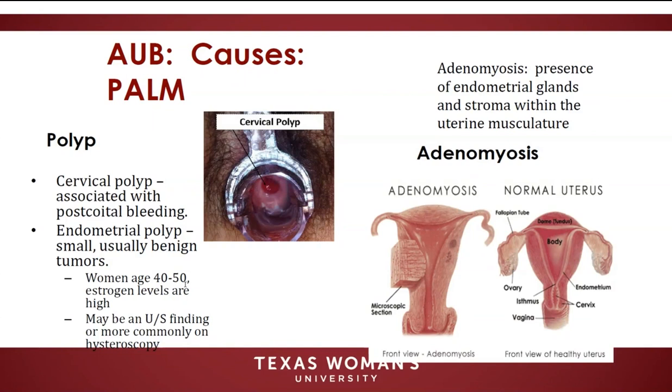Okay, then on the right is adenomyosis. So again, that's endometrial tissue that has grown into the uterine musculature. I had it described to me by a physician as gristle, that really tough piece in a steak that you almost can't chew. So it's normal tissue. It's just where it's not supposed to be. And it gets really, really hard.